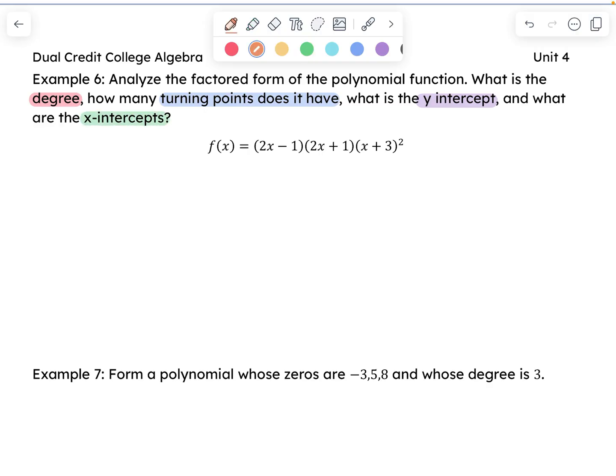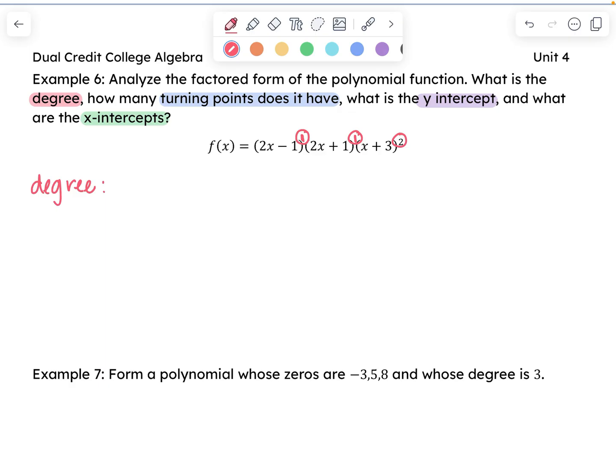So if we're looking at ones that look like this, I don't know about you, but I don't want to have to multiply it all out to figure out what the degree is and get that leading term to get the leading coefficient and all that information. So there is an easier way to find the degree. If I want to find the degree, I'm just going to take the degree of each of these parentheses on their own and add them up.